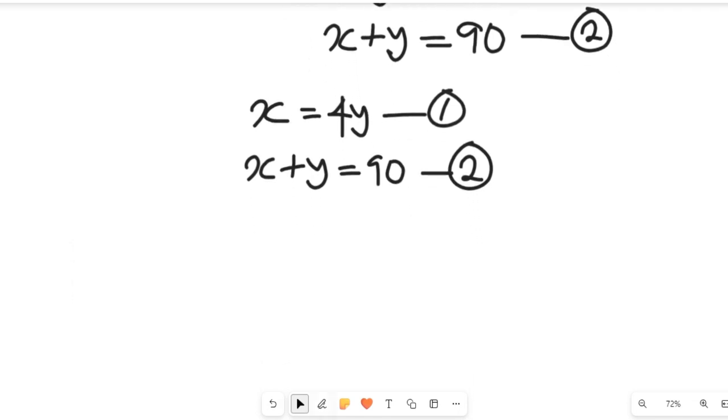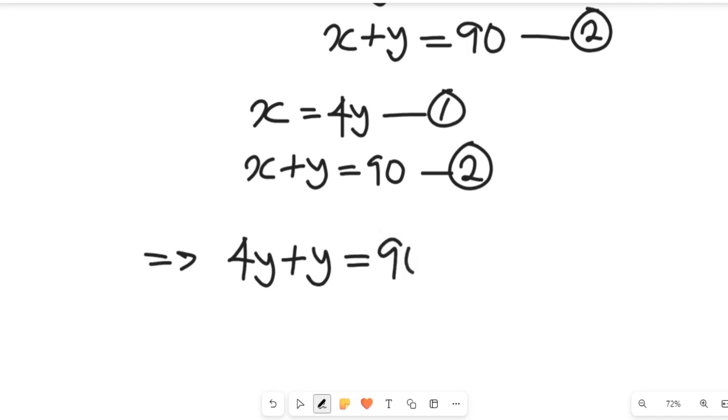If we substitute that value into equation 2, it becomes 4Y plus Y equal to 90. 4Y plus Y gives us 5Y. So 5Y is equal to 90.